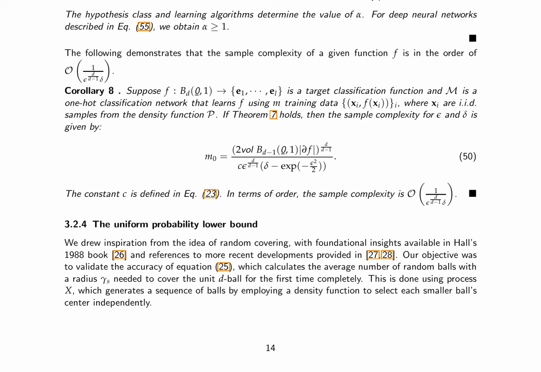Throughout the analysis, the authors make use of various mathematical concepts, including Lipschitz constants, concentration bounds, and probability theory. They also draw inspiration from previous work on random covering and provide references to relevant literature. The authors' results have important implications for understanding the effectiveness of learning algorithms and the amount of data required to achieve a specific level of performance.